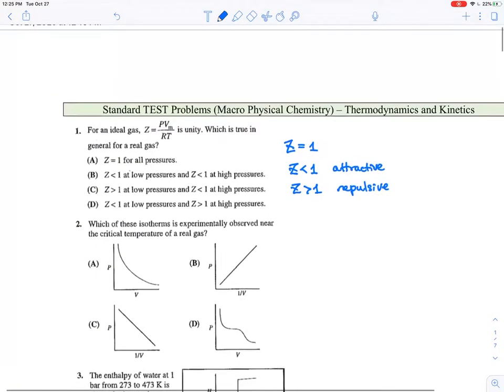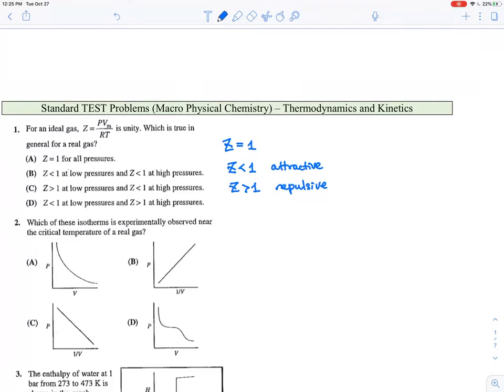If not, I hope you can remember that Z is essentially the measured volume over the volume that is supposed to be. So when there's an attractive interaction, this Vm, the real volume, is smaller than the no-interaction volume.